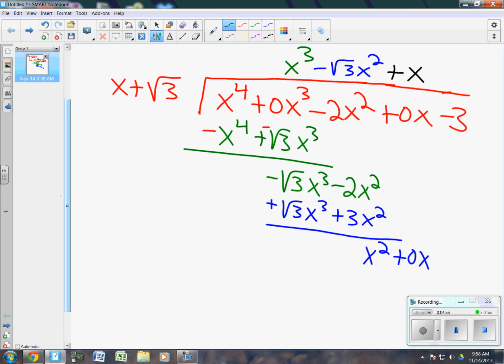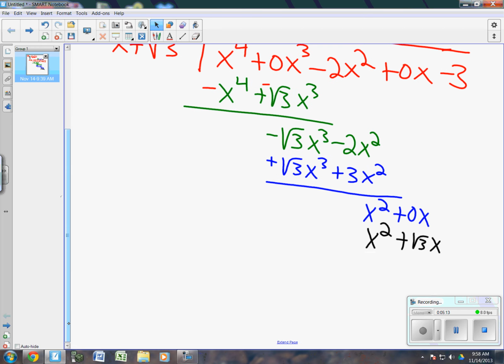So I times x by x plus square root of 3. What do I get? I get x squared plus square root of 3x. Okay, now what do I do? Change the signs and add.